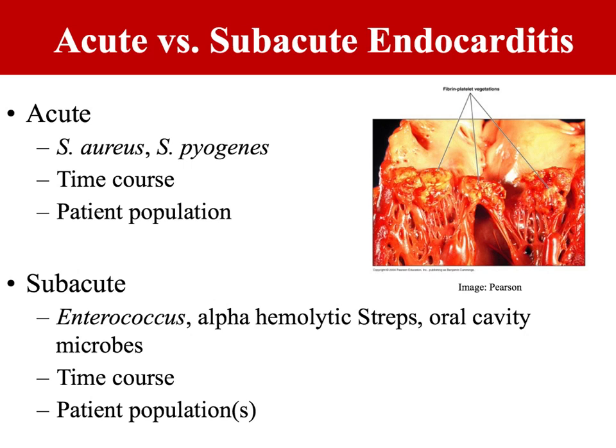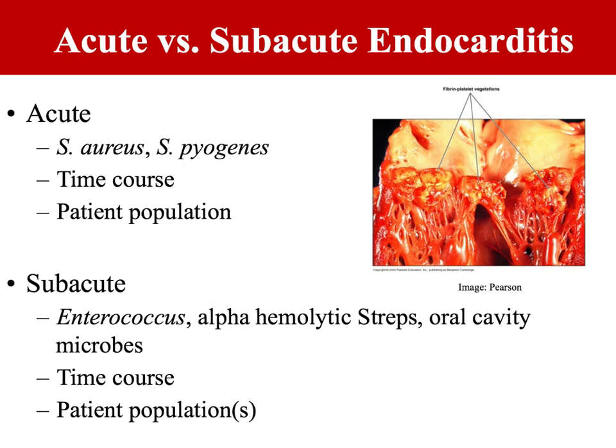Subacute endocarditis. So on the other hand, if you have to have endocarditis, this is the one you want. This is going to be caused by what are normally considered fairly innocuous organisms. So Enterococcus is the most common cause, different Enterococcus species. Some other alpha hemolytic strep species, there are numerous ones that fall in this category.